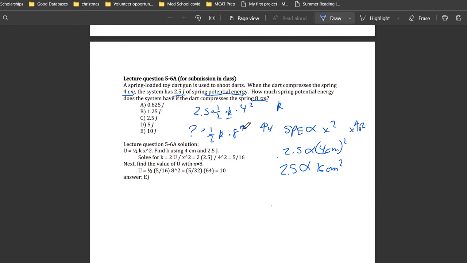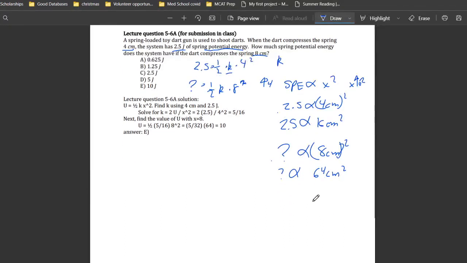And if we plug in the new information of 8 centimeters, we could say that question mark is proportional to 8 cm, and then parentheses squared. And then continuing this through, we have 64 centimeters squared. But we can separate this. We can say that this is simply just 4 times 16 centimeters squared.